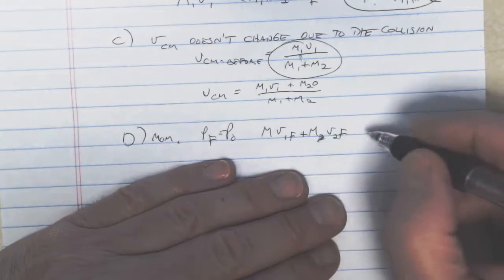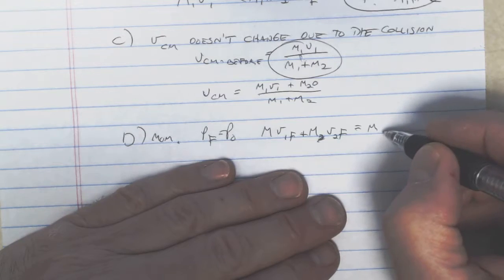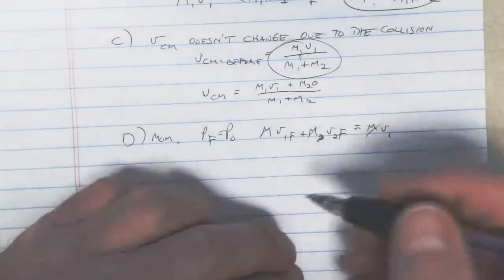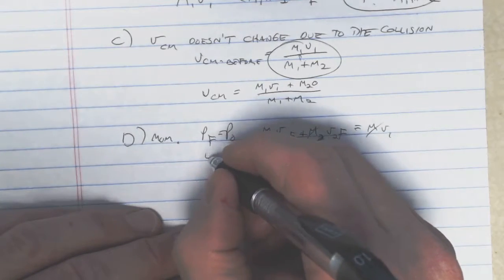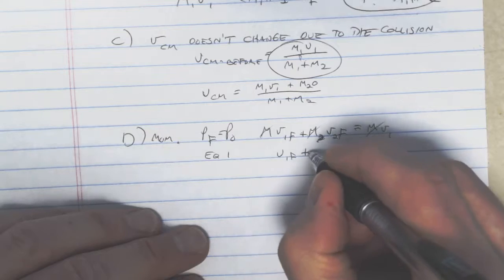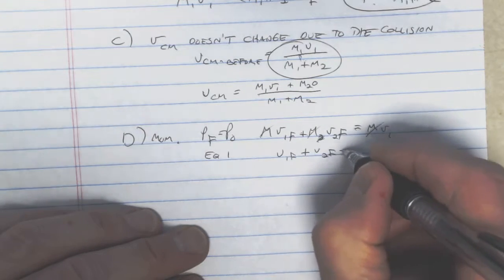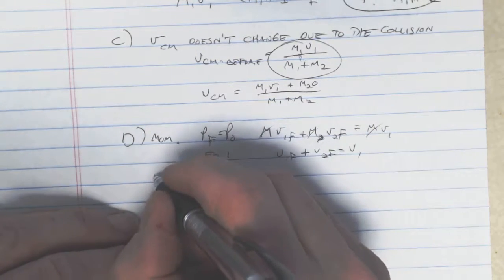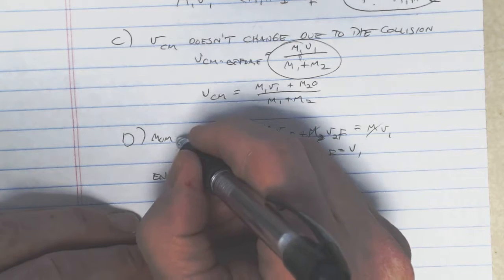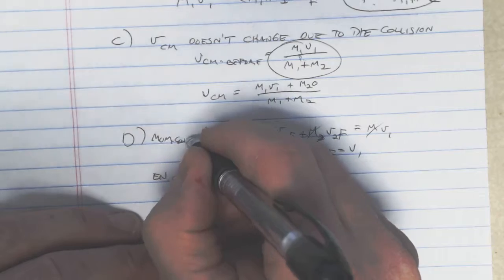That's the momentum after the collision. The momentum before the collision was just m v1. Of course, the m's cancel out. And so I have what I'll call equation 1: v1 final plus v2 final equals v1. Now let's use energy conservation. This is momentum conservation if you want.